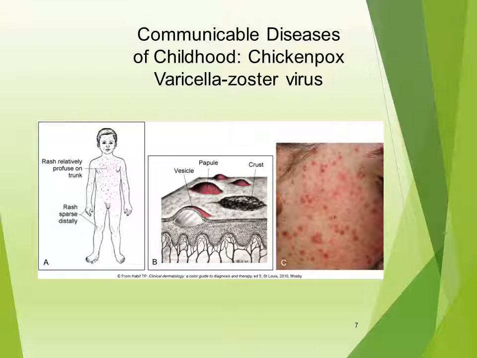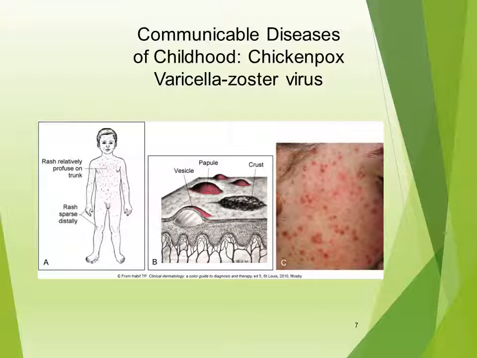So now let's talk about chickenpox or varicella zoster. Chickenpox is caused by the virus known as varicella zoster. It's spread by the secretions of the respiratory tract through airborne droplets and direct contact. Incubation is about 14 days. The person is infectious 2 days before the eruption of the red spots, and their contagiousness lasts for about a week.